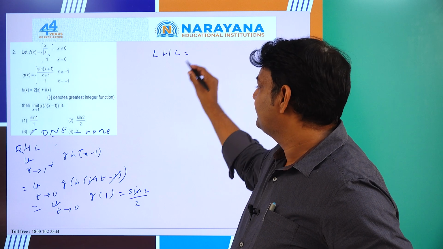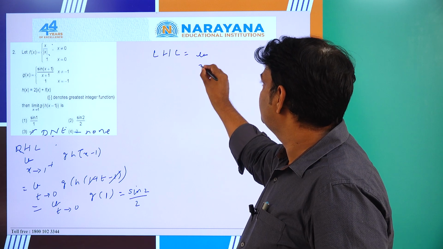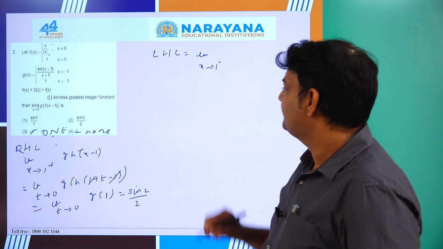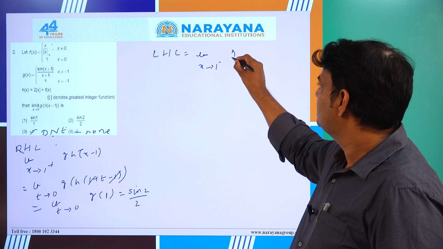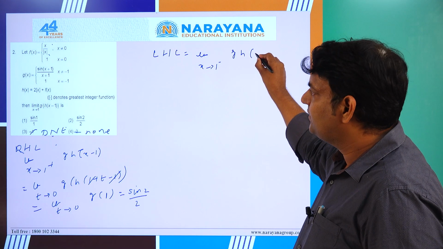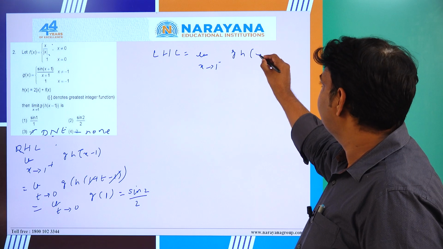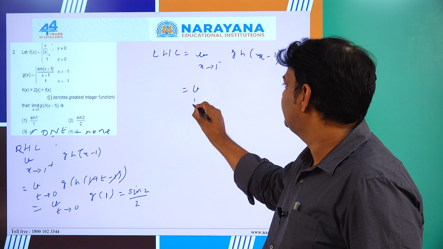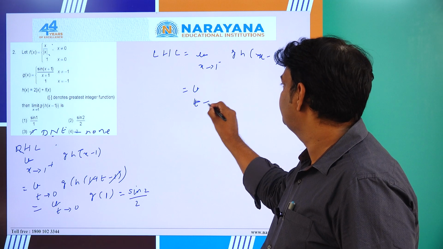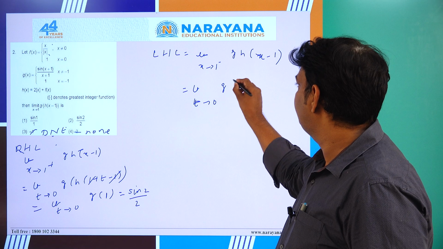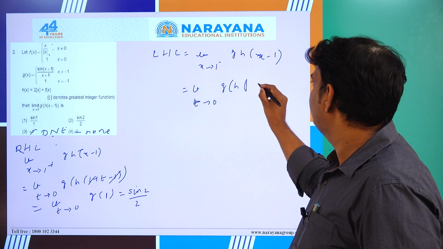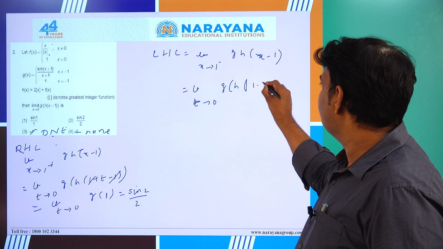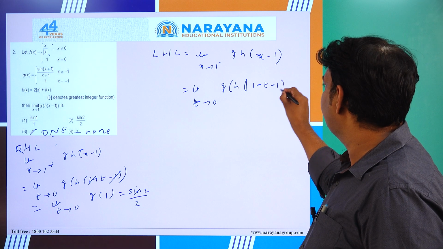That is limit x tends to 1 minus of g of h of x minus 1, that is limit t tends to 0 of g of h of 1 minus t minus 1.